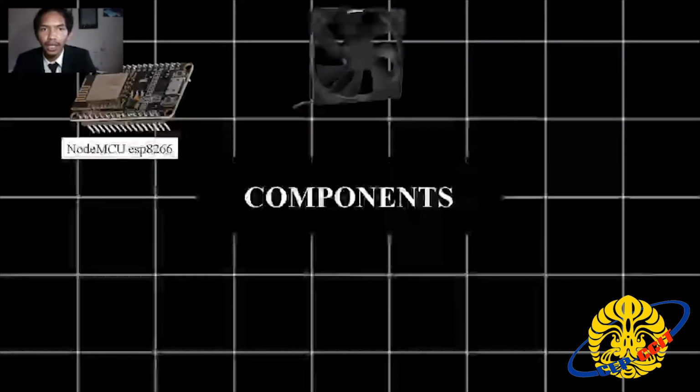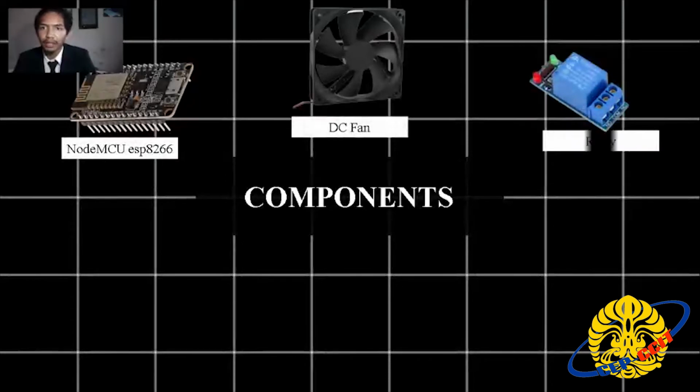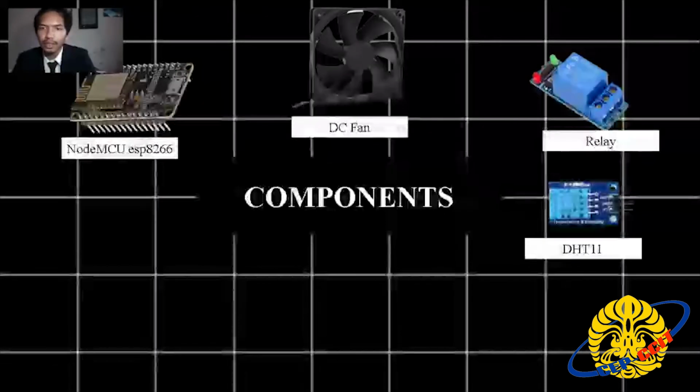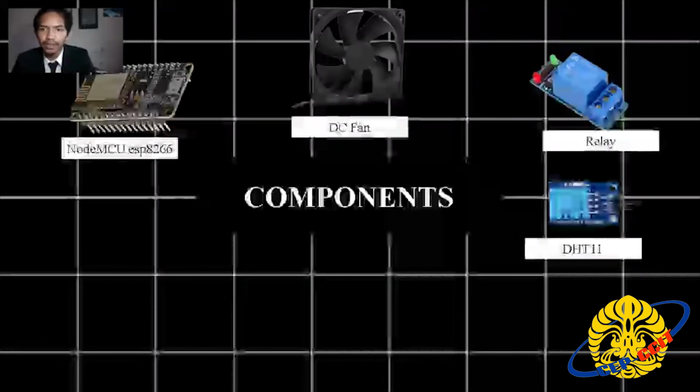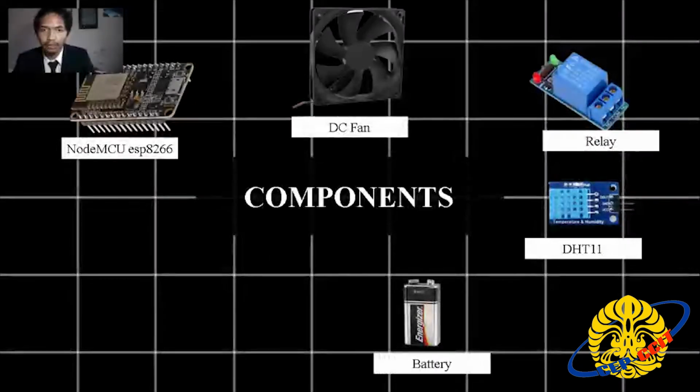So in this project, the components that we are using are Node MCU or ESP8266. This is the DC fan, and then the relay for giving the signal from the Node MCU to DC fan. This is the temperature and humidity sensor that is DHT11, and battery for turning on the DC fan.